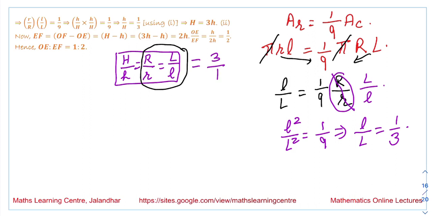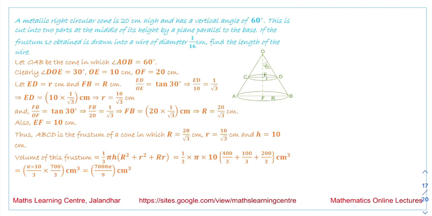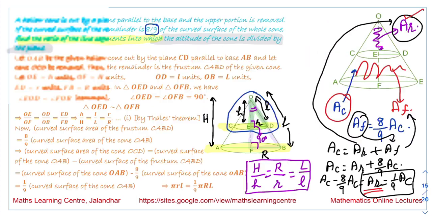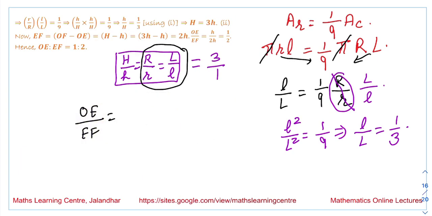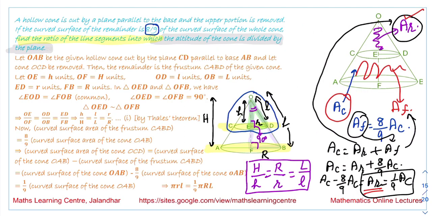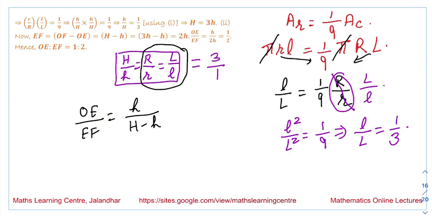Now what we have to calculate in this question is the ratio of the line segments into which the altitude of the cone is divided by the plane. So we have to calculate the ratio in which these two altitudes are divided. It means we have to calculate OE is to EF. The value of OE is small h, and the value of EF is capital H minus small h.